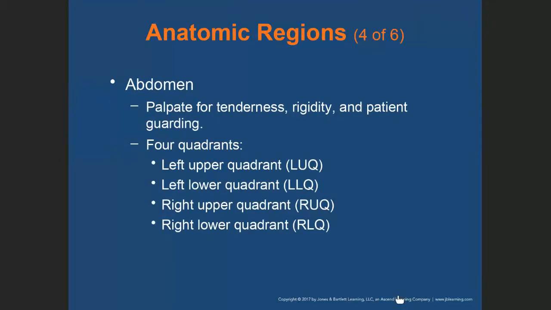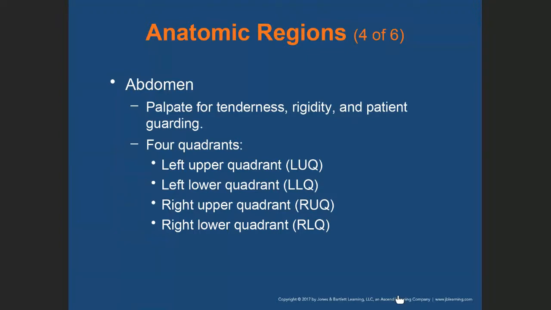And when we get to the abdomen, we will observe the abdomen. Is there any abnormal pulsation present? If you see any pulsations in the abdomen, do not palpate it. So observe the abdomen, then palpate for tenderness, rigidity, and patient guarding.